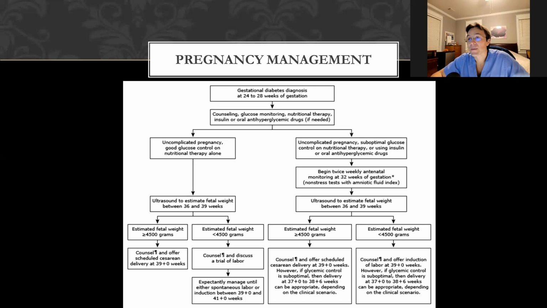So if you have an uncomplicated pregnancy and good glucose control on nutritional therapy alone, then just like any pregnant woman, you will do an ultrasound to estimate fetal weight between 36 and 39 weeks. And then from there, you decide: is the baby more than 4.5 kilos or less than 4.5 kilos? If it's less than 4.5 kilos, then we can try to deliver the baby vaginally if there are no other complications, right?